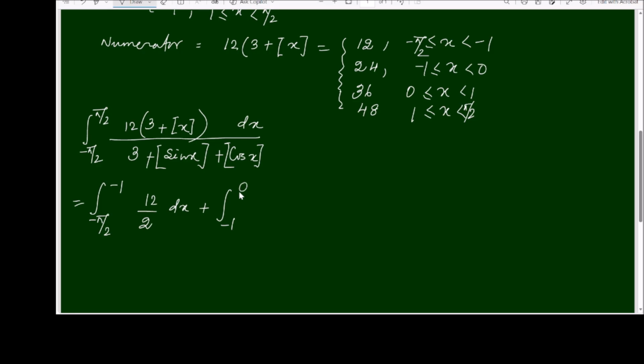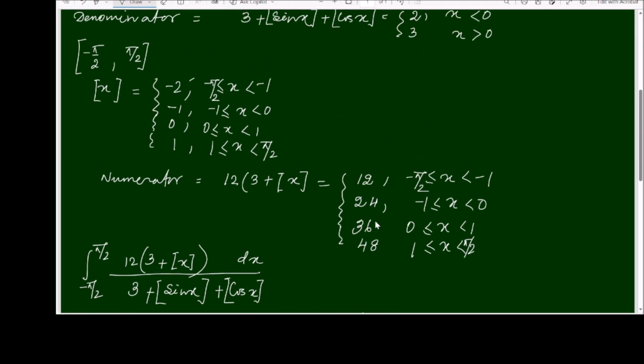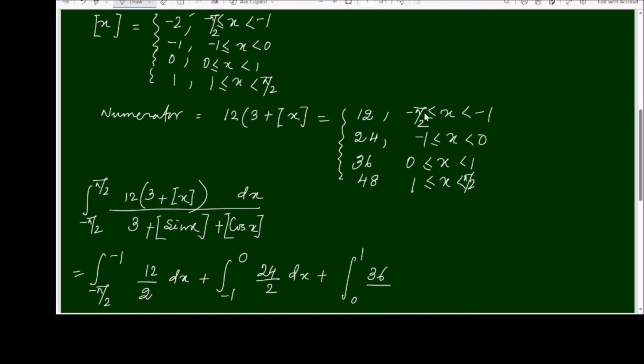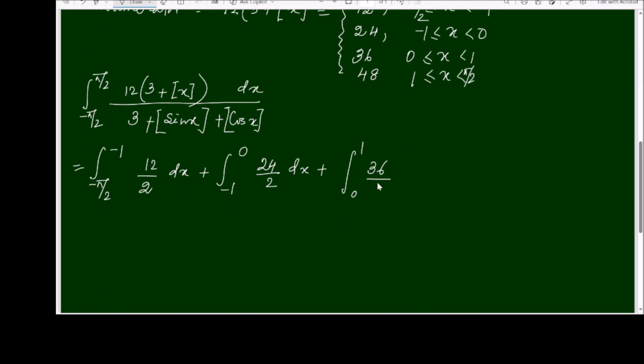Negative 1 to 0, it will be 24 by 2. 0 to 1, that will be 36. That time the denominator will be 3, because we have taken that the denominator takes two values, one is 2, one is 3. When x is greater than 0, it will be 3. So 36 by 3 dx, 1 to pi by 2, again 48 by 3.